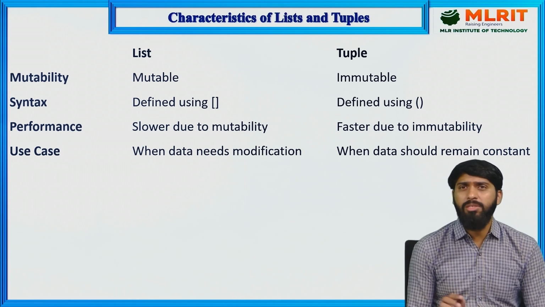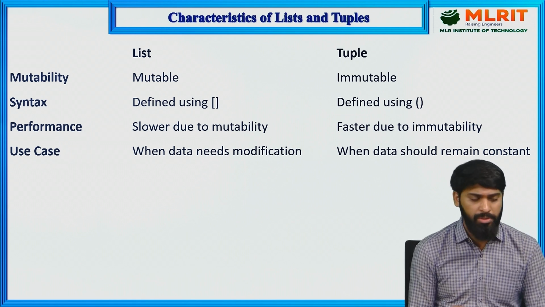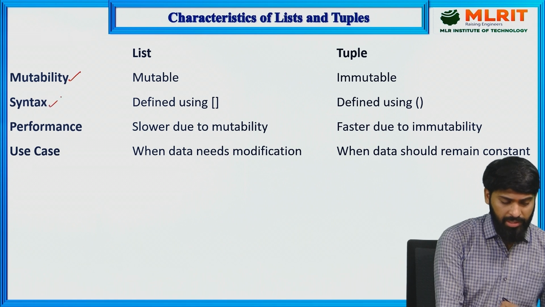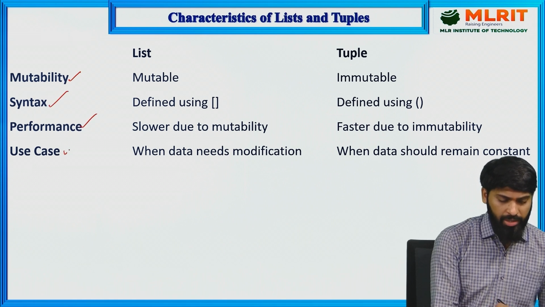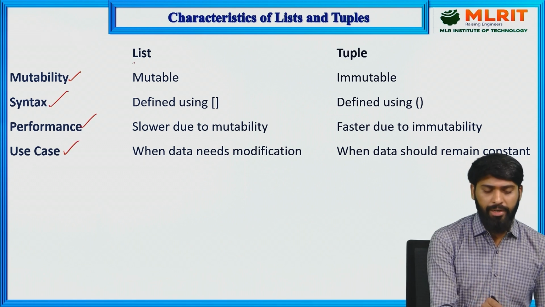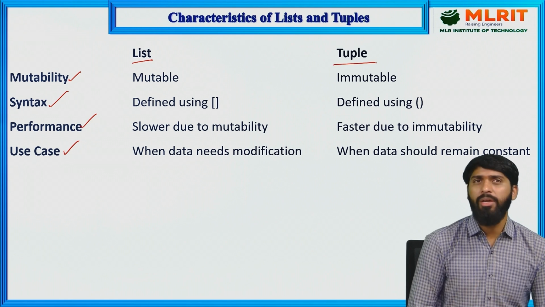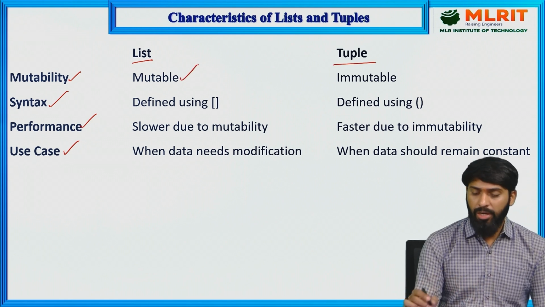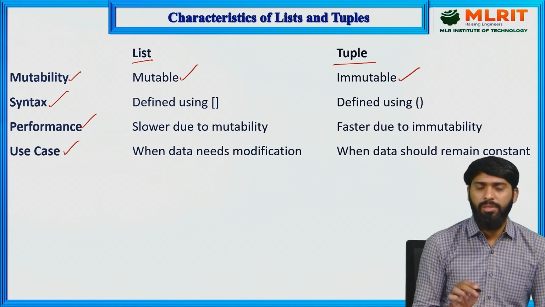Characteristics of lists and tuples. These are the different characteristics: mutability, syntax, performance and use case. These are the data types: one is a list, another one is a tuple. List is mutable, tuple is immutable.